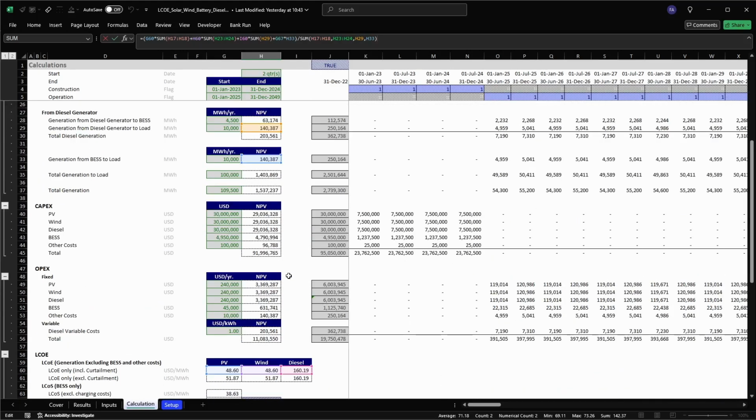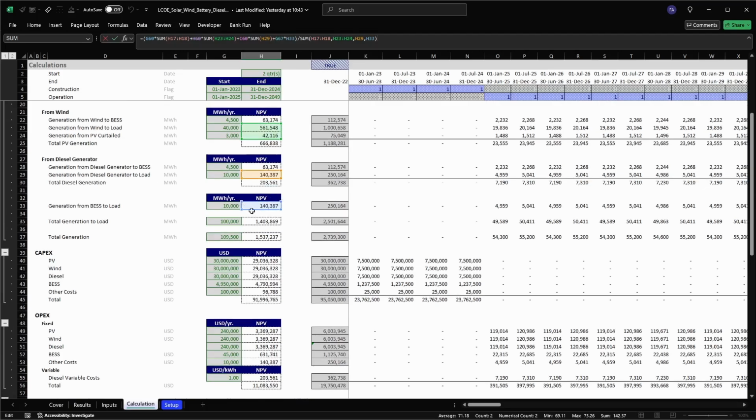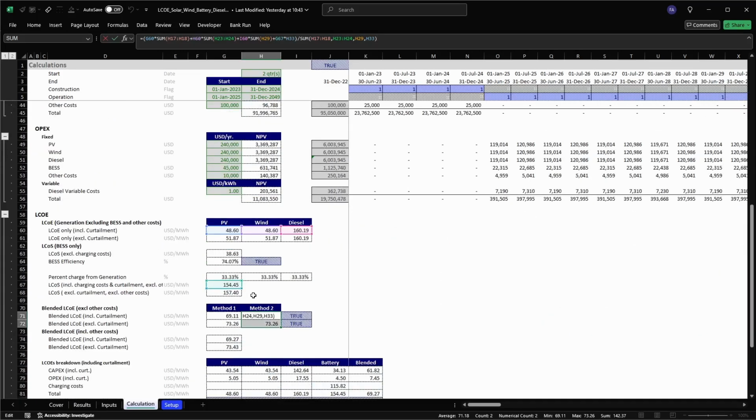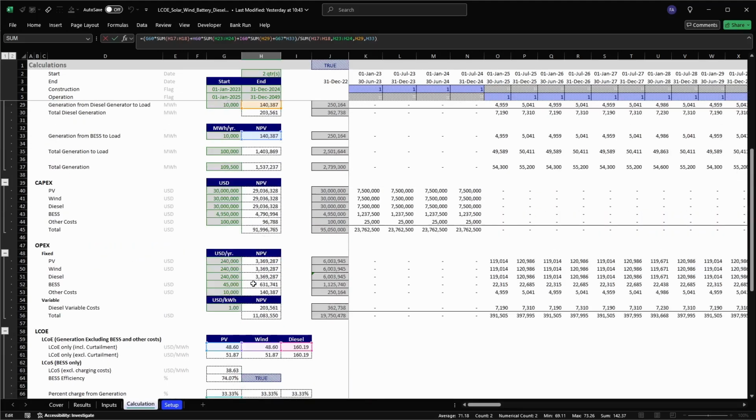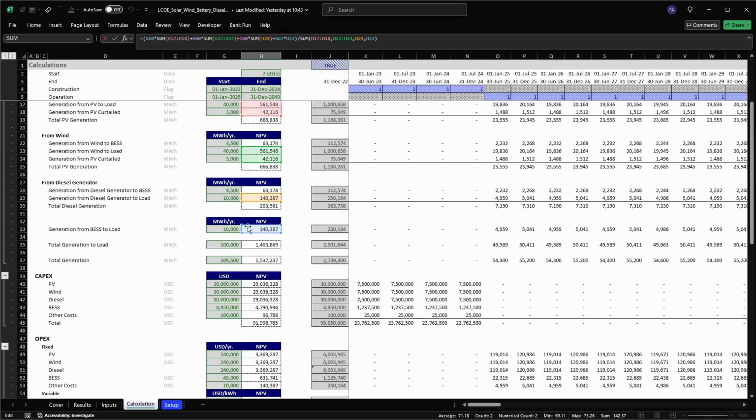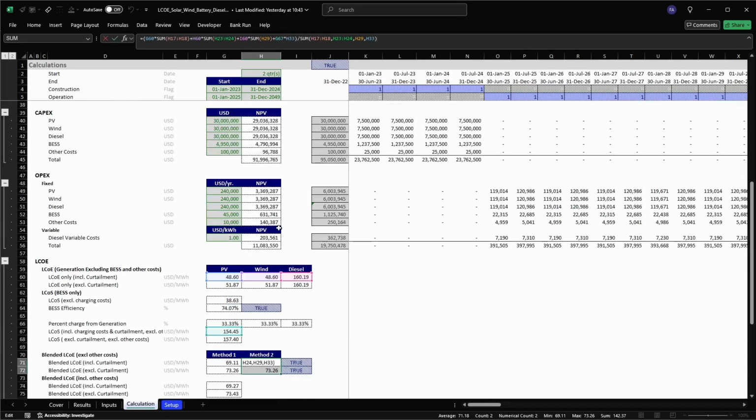I get the diesel LCOE and I multiply that by the diesel generation over here. And the same for the batteries. We get the LCOS for the batteries, and I multiply the flow from the battery to the load. And then basically we're going to divide everything by the sum of all the energy flows. So it's a weighted average cost.